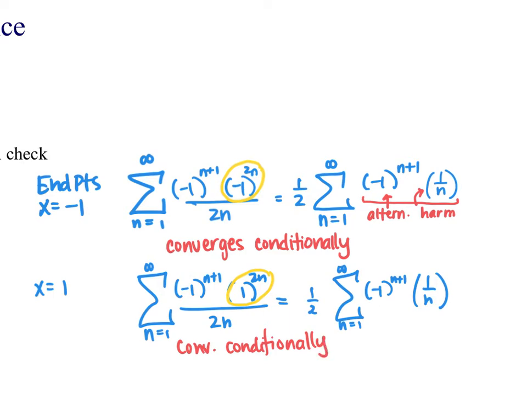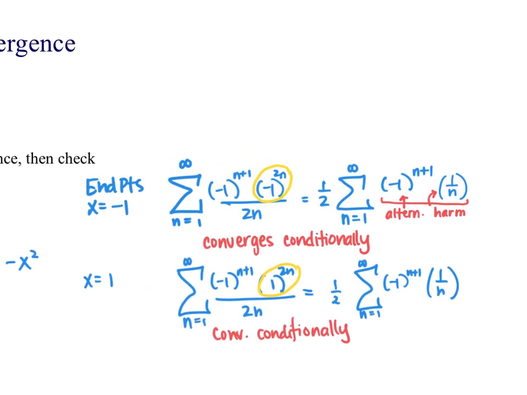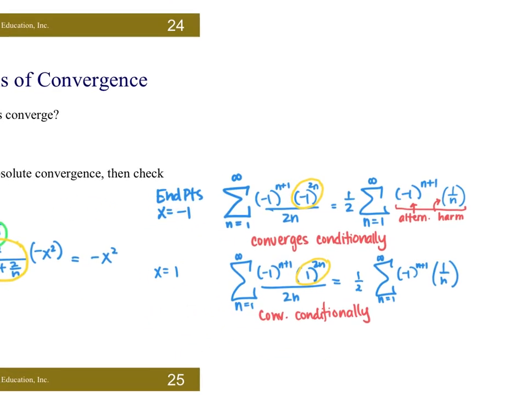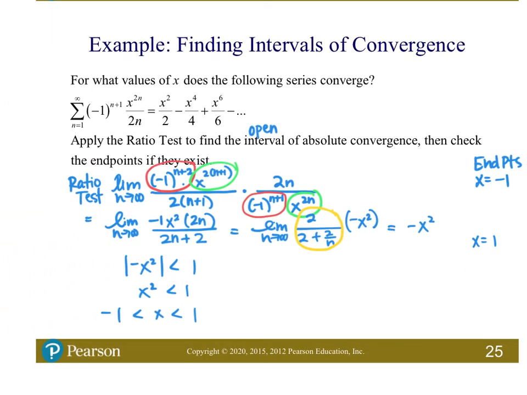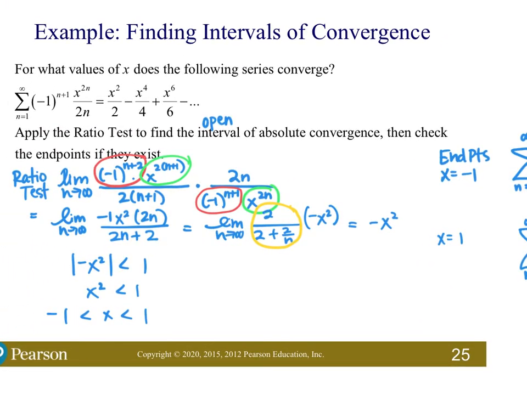So since both endpoints have conditional convergence, they can be included in our convergence interval. And so we summarize and we say our convergence interval is going to include negative 1 and it will include positive 1. So for x anywhere between negative 1 and 1, including negative 1 and 1, we're guaranteed to have convergence, at least conditionally, within that closed interval.